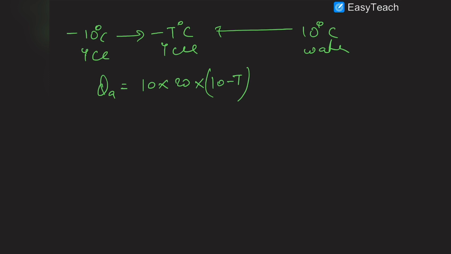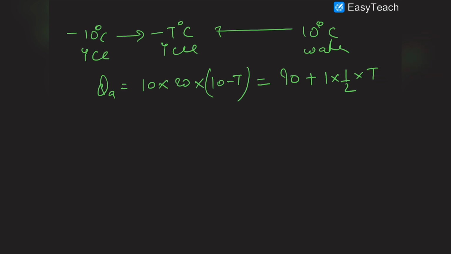and the amount of heat released by the water would be 90, which it has released in the process of conversion from 10 degrees Celsius water to 0 degrees Celsius ice completely, plus that water which has frozen completely would also move from 0 degrees Celsius to minus T degrees Celsius. So in that case, the mass of water was 1, S is half, and the temperature change is T. We have to only write down the magnitude, mod, of the change in temperature.